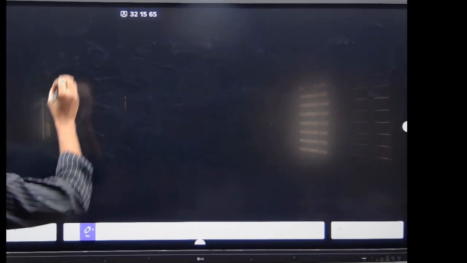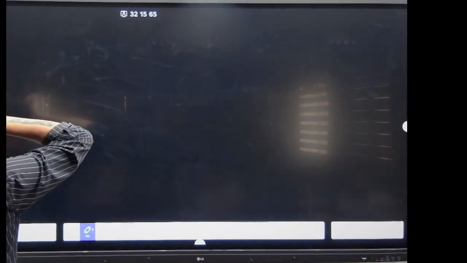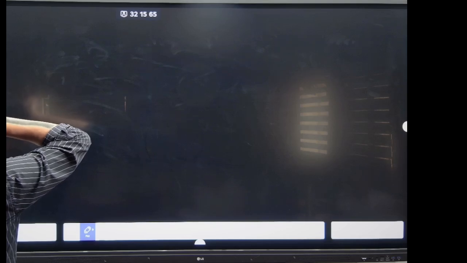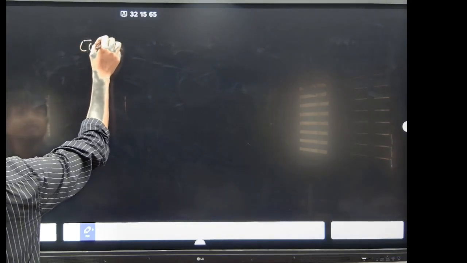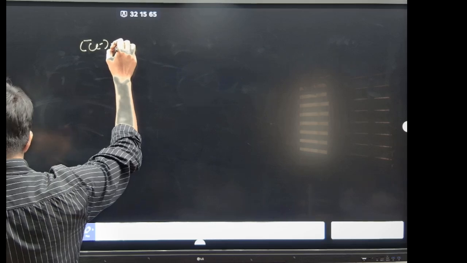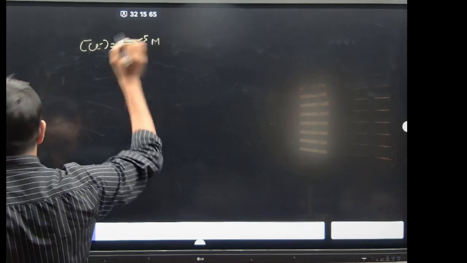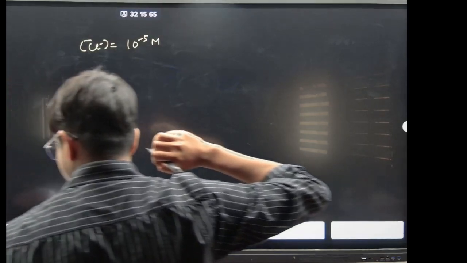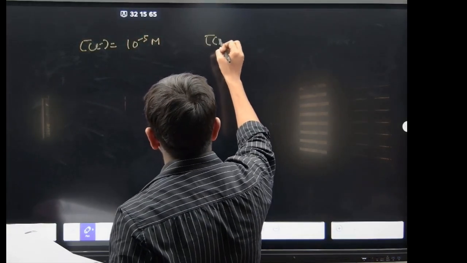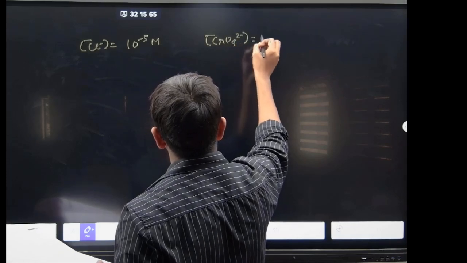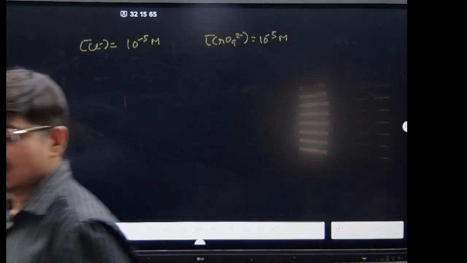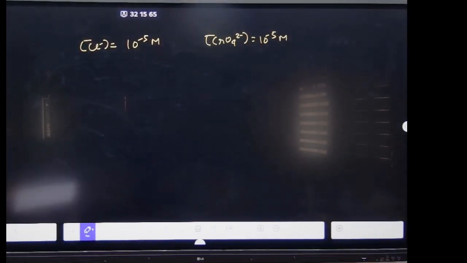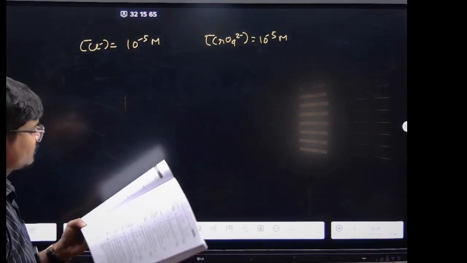The concentration of Cl minus is given as 10 to the power minus 5 molar, and the concentration of CrO4 minus is given as 10 to the power minus 5 molar, and it is treated with 10 to the power minus 4 moles of silver nitrate.